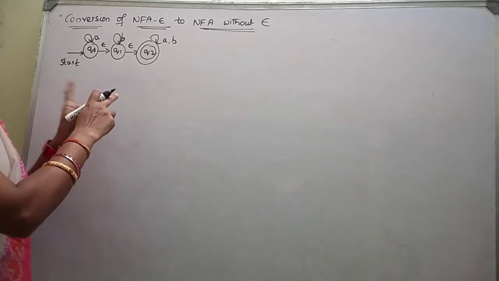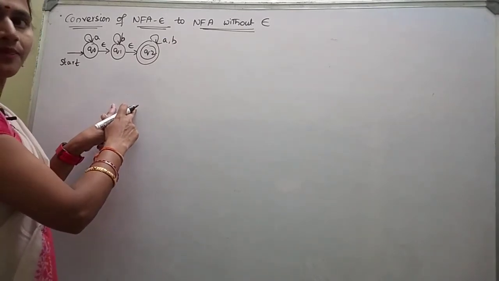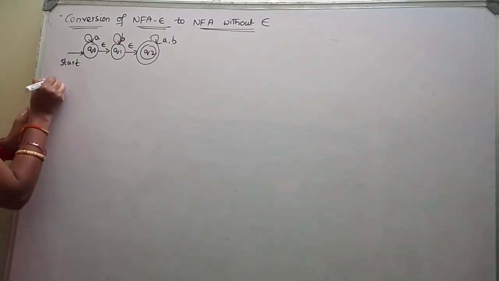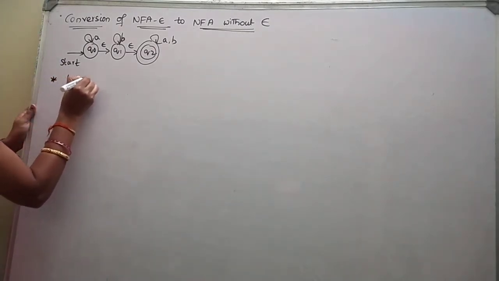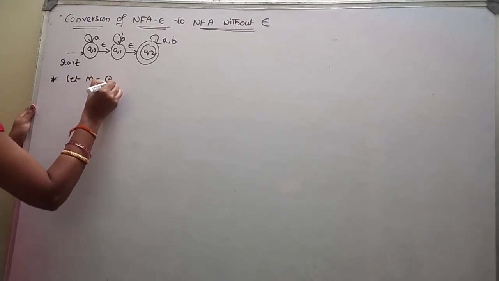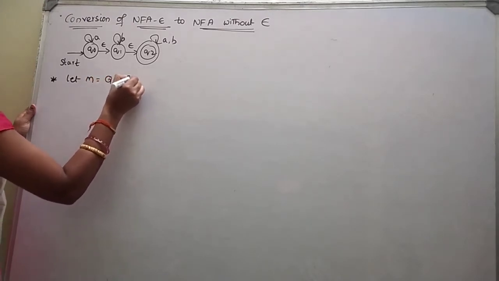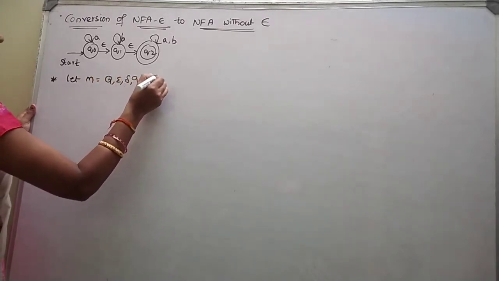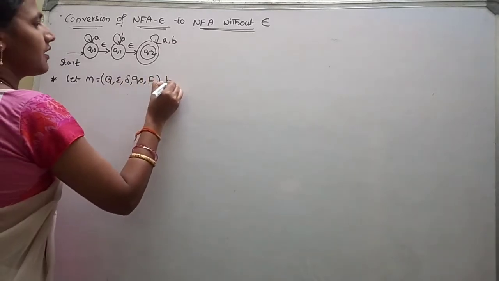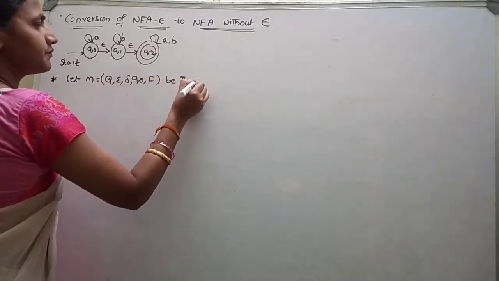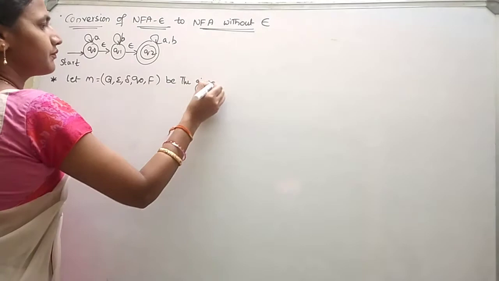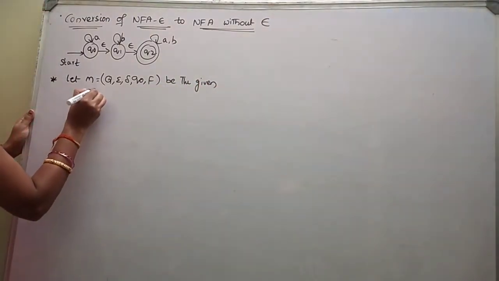So first we need to write what is the given data. Let M equals (Q, sigma, delta, q naught, F) be the given NFA with epsilon.